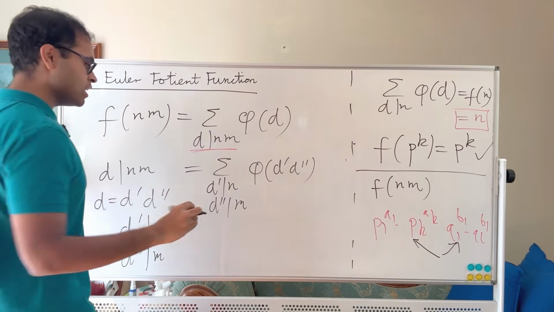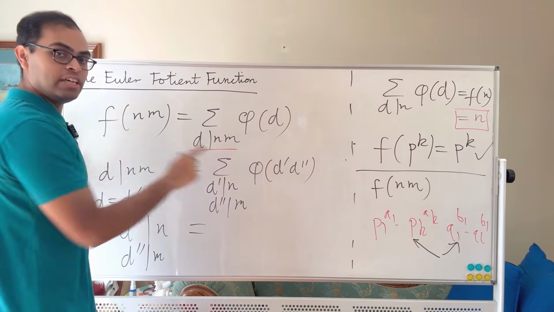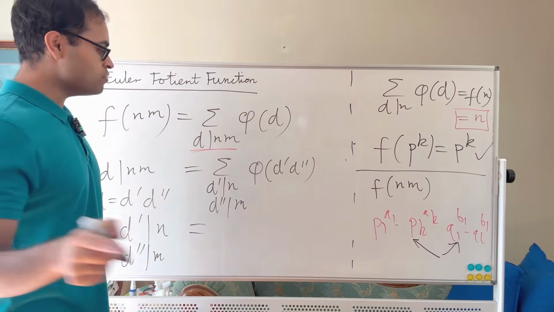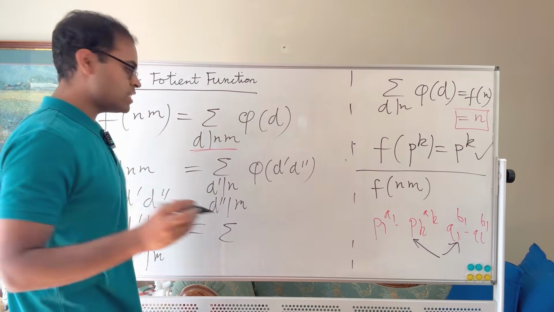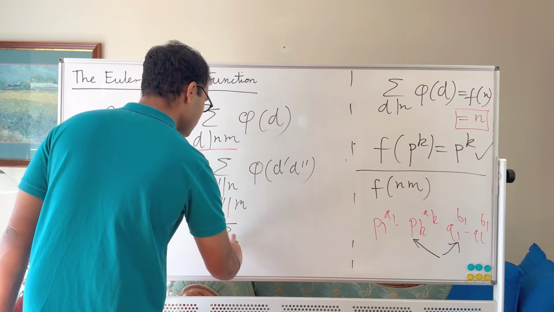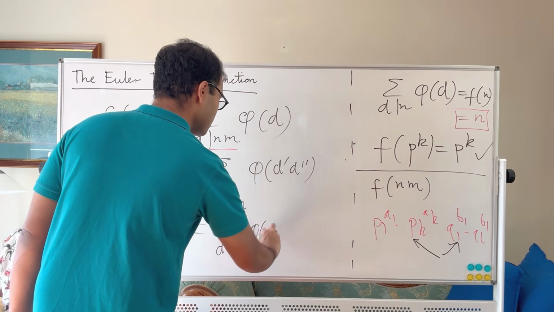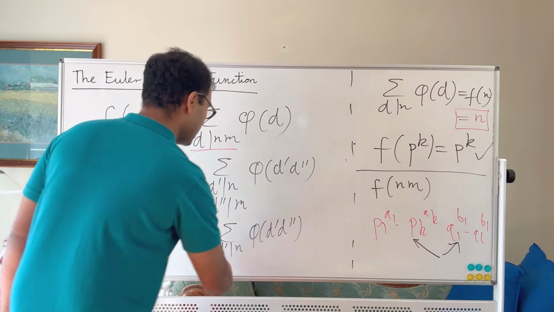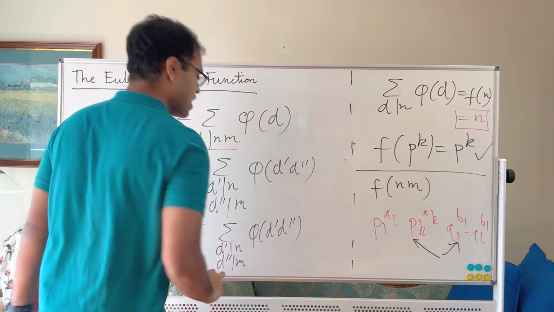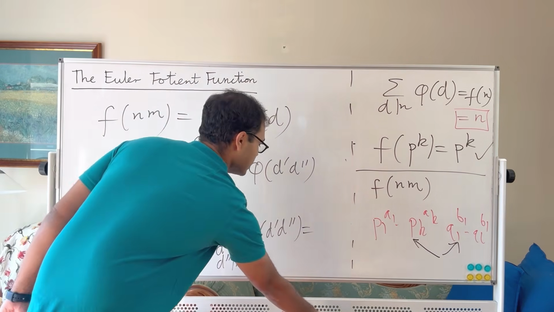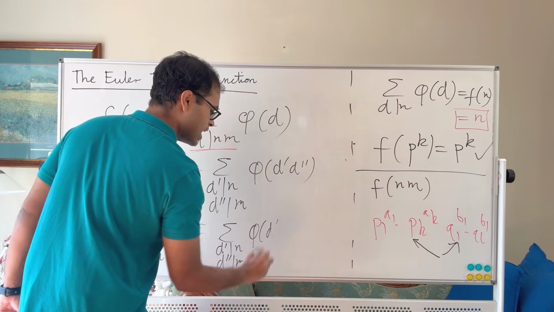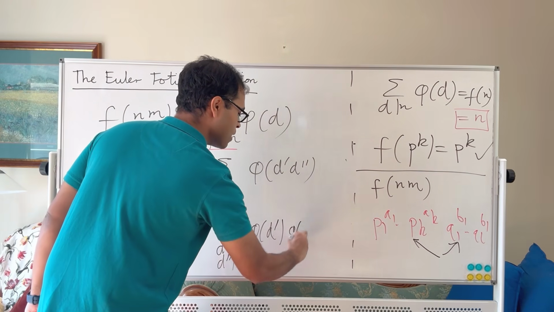And now it's going to get really cool, because knowing that phi was multiplicative, which is what we proved, we can split this up as the sum over d prime dividing n and d double prime dividing m of phi of d prime times phi of d double prime.